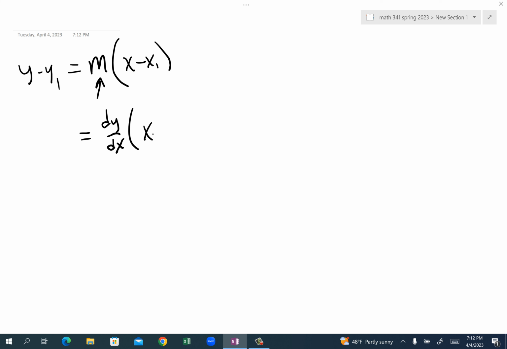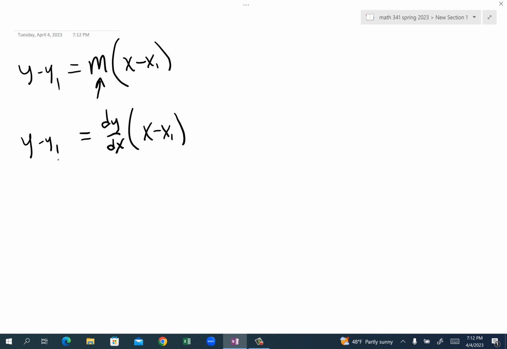So recall that I have m(x minus x1) equals y minus y1, like that. What's another name for slope? Another name for slope is dy/dx.